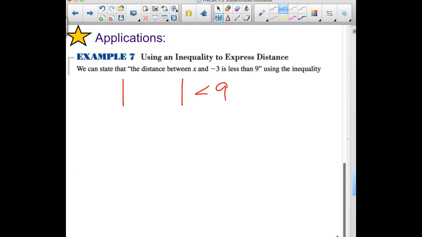And the distance we're looking for is the space between x and -3. So remember, inside we are subtracting. We want the difference between those two. So x minus -3, we could simplify that just to the absolute value of x plus 3 is less than 9.